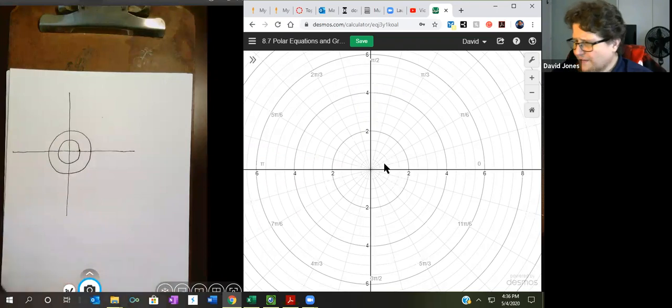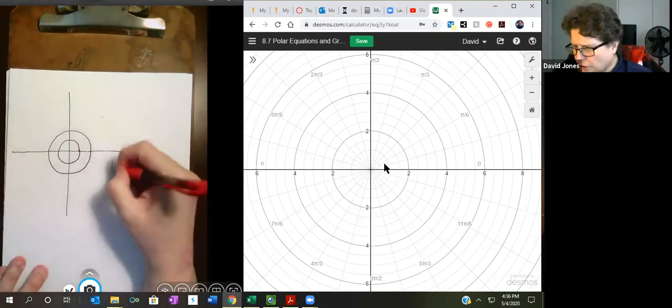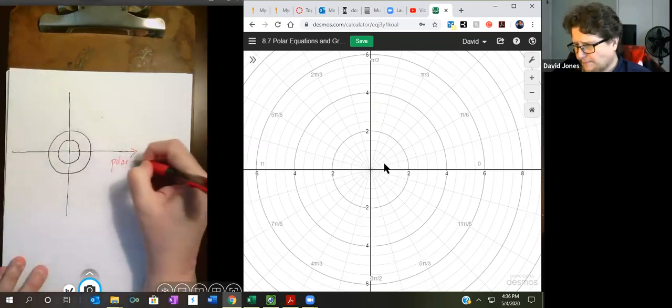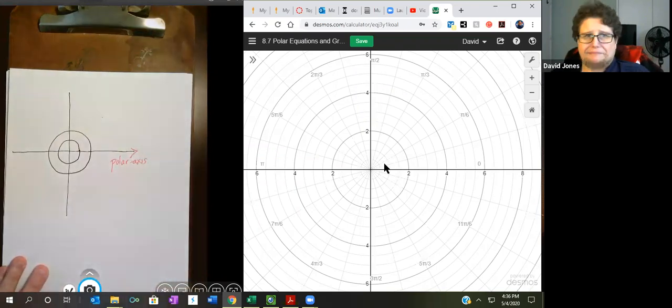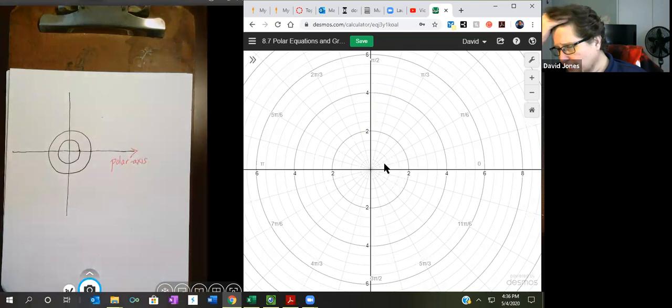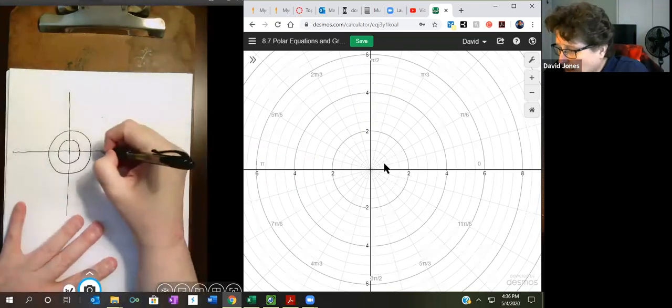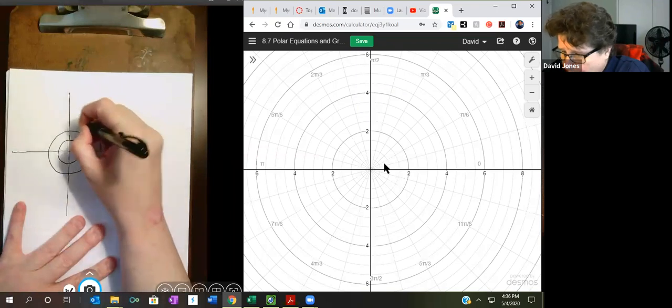The positive x-axis is called the polar axis. Okay, and we just swept out 2 and then pi over 3. Maybe this time, what's that, a third one? Third ring, go out to 3.